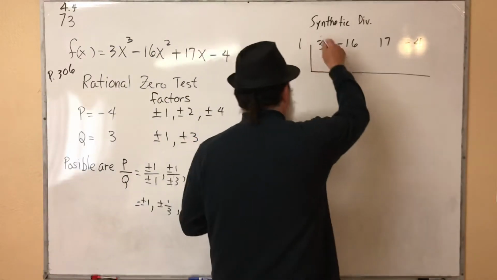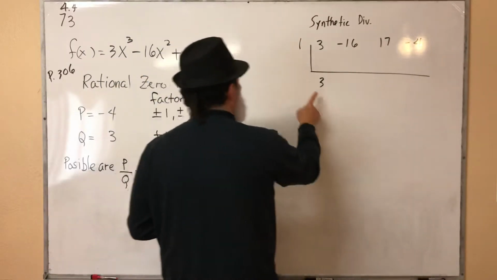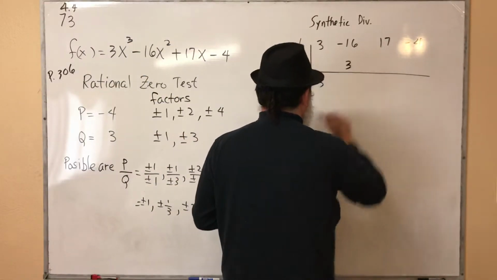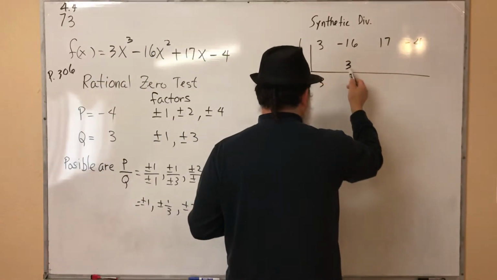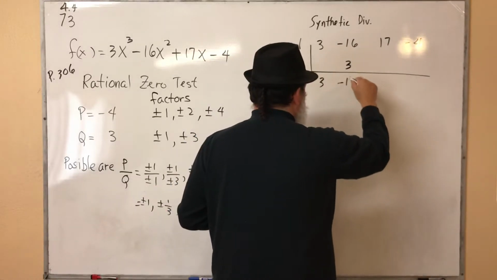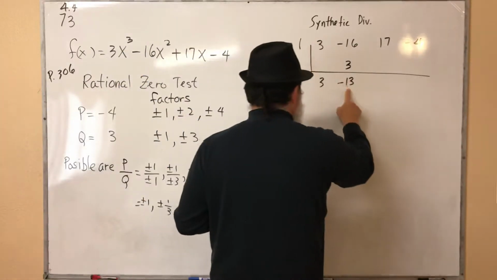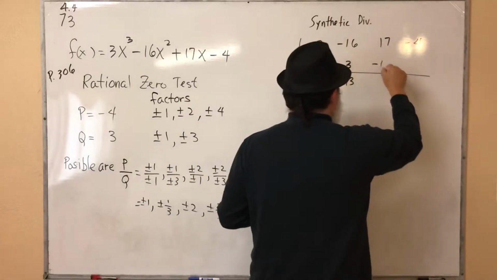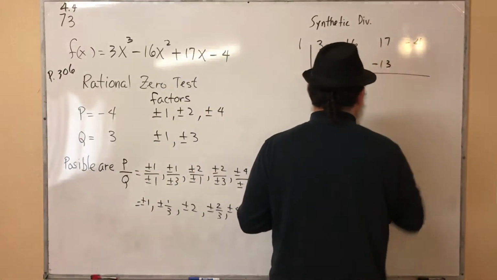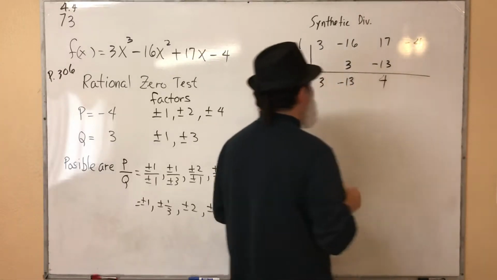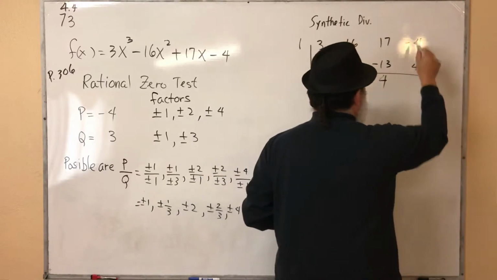First step is to bring down. And then multiply. 1 times 3 is 3. Add. Negative 16 plus 3. And then multiply. 1 times negative 13. And then add 17 minus 13. And then multiply. 1 times 4 is 4. Add.